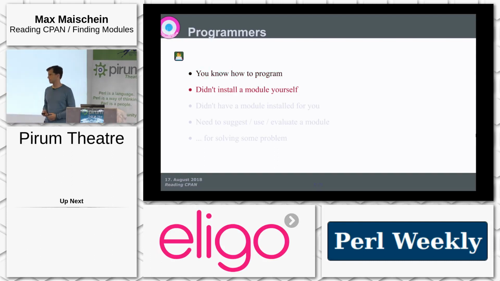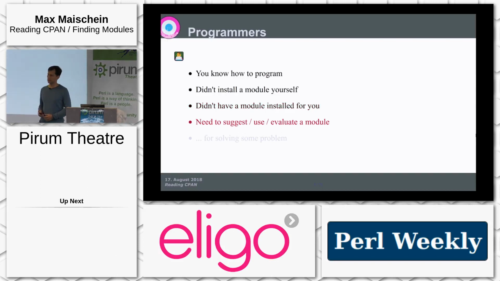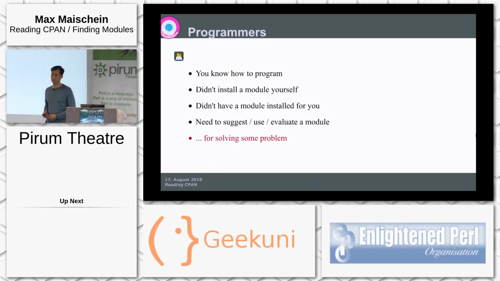Maybe you didn't install a module yourself or didn't have a module installed for you, but somebody comes to you and you need to suggest a module to use with a problem. Or you need to find which modules are actually suitable for some kind of problem.